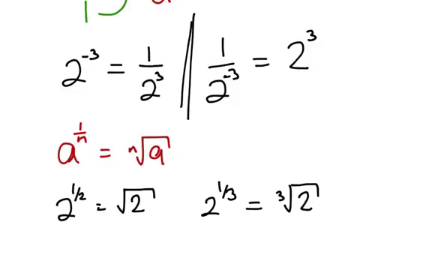By the same token, I'll go over to a new page for this one, which says a to the power m over n is going to equal the n-th root of a to the power m. What this means is that the denominator becomes the power of the root outside here, and your numerator becomes a power of the number on the inside.